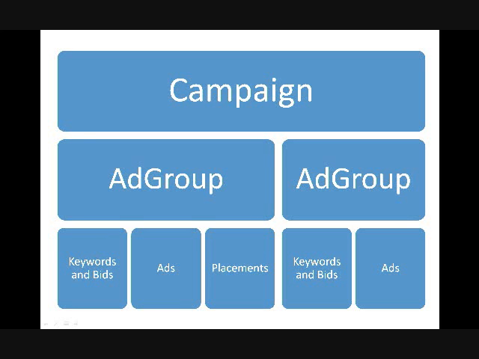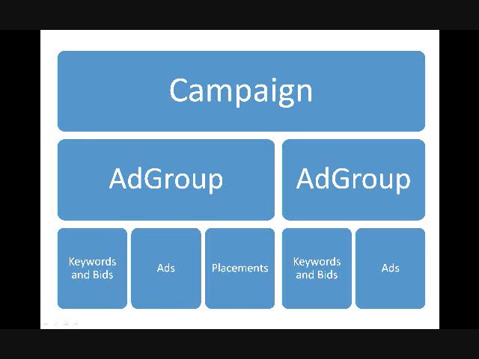Or you might even get more specific and have an ad group named Spanish classes, another ad group named French classes, and then another one named wine tasting, another one named dance courses, etc. Each ad group contains several things. The ad group contains a list of keywords, the bids for those keywords, and then it also contains the ads that would appear when someone does a search for one of the keywords within that ad group.